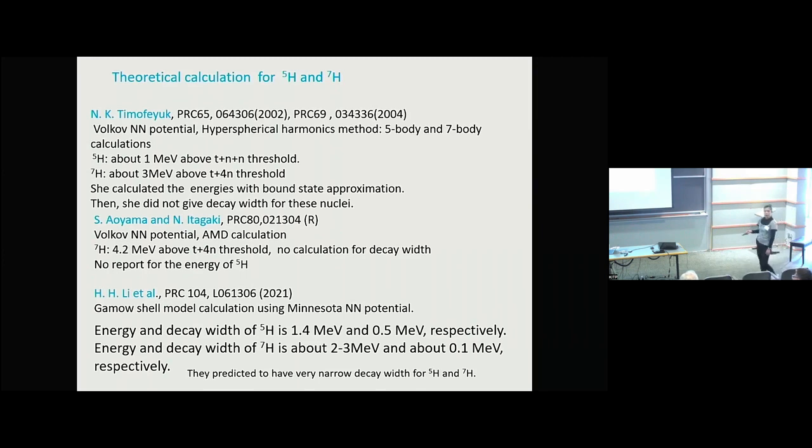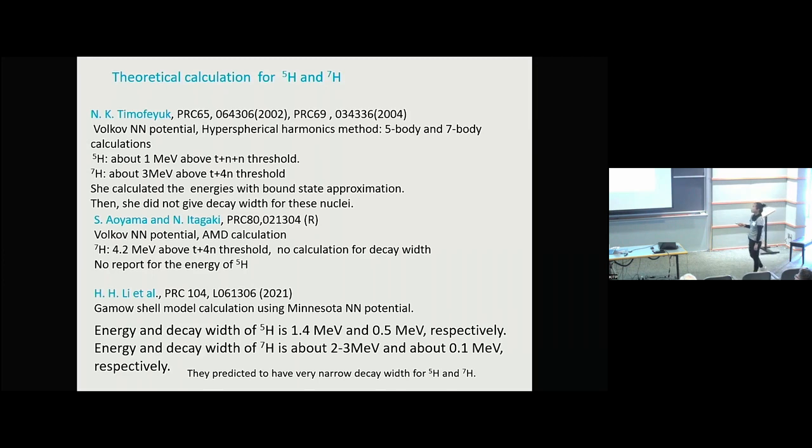And very recently, last year, Lee et al. calculated hydrogen 5 and hydrogen 7 using the Gamow shell model calculation with the Minnesota NN potential. They predict the energy of hydrogen 5 is 1.4 MeV, and the decay width is 0.5 MeV.